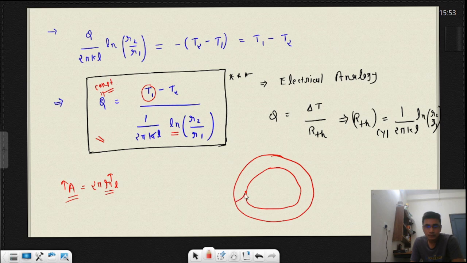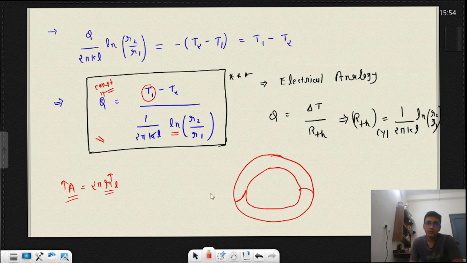It will look something like this. Now you can ask, sir, why have you drawn it like a decreasing slope and not an increasing slope? Because a logarithmic profile can be fitted like this also, decreasing slope also and increasing slope also.